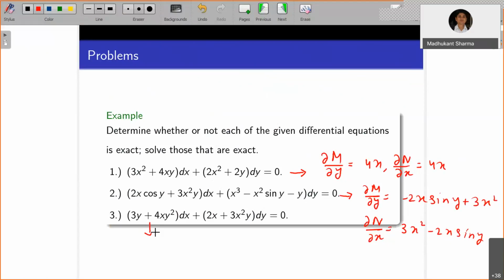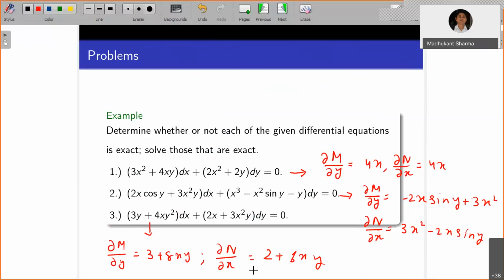Now for this case, dou M by dou y is equal to 3 plus 8xy. And dou N by dou x is equal to 2 plus 6xy.